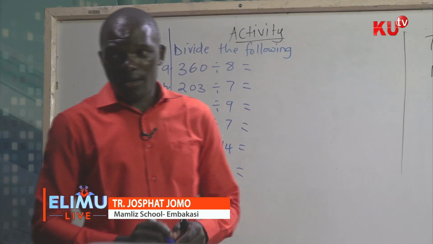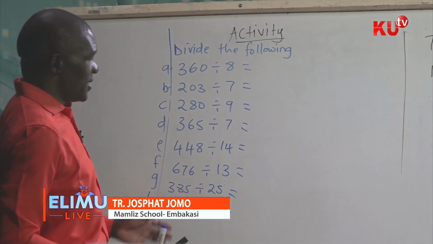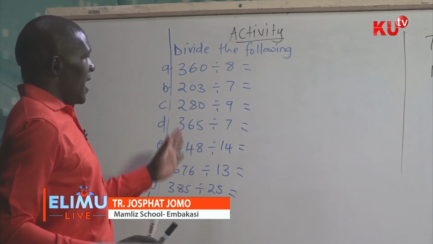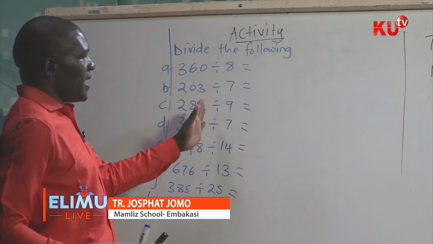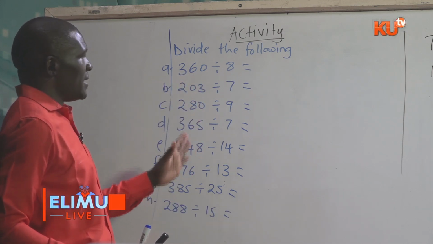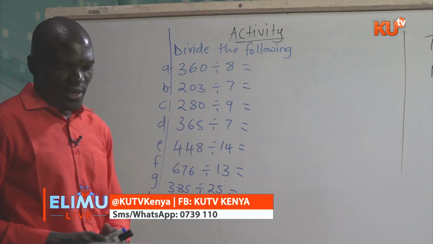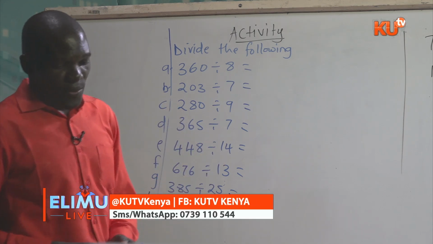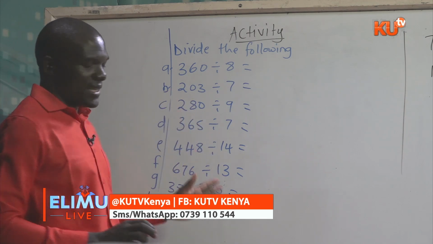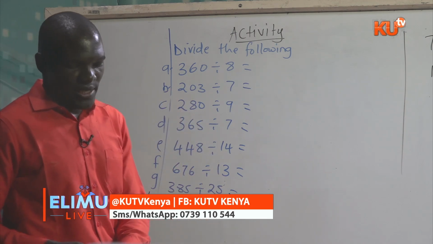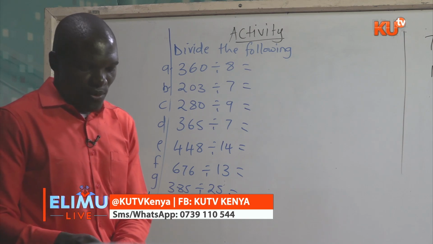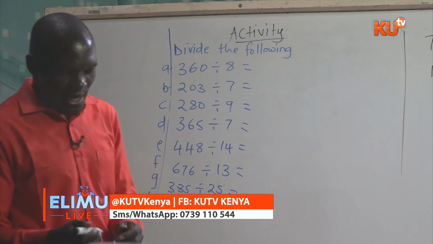This work that is displayed on your board is just encouraging you and making you understand more about division, on what we have been doing. We are going to work out a few of them, and others you can work on. Then you can present your book to your mathematics teacher to mark.